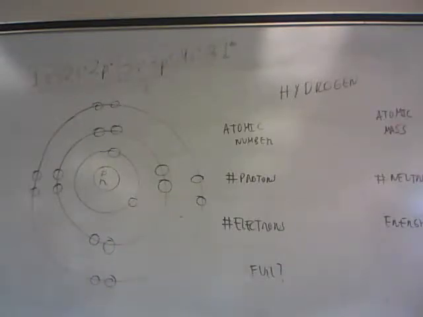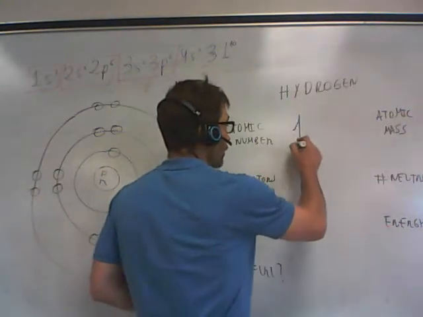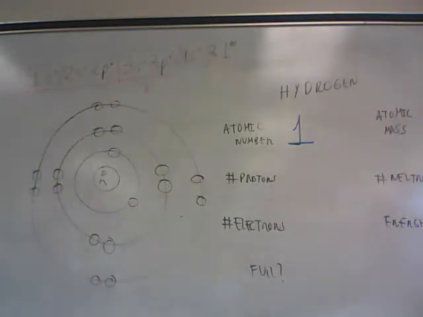In this table it is 1, okay? Atomic mass. The atomic mass, you have to write this down. The atomic mass is this number here. 1 point and so on, I don't mind. The decimals are not important. Okay?